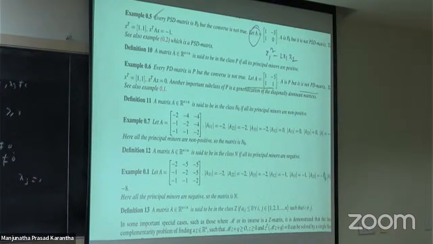Why? We will have the same approach: this will be x1 square plus x2 square plus 2x1x2, so this is x1 plus x2 squared. Obviously, if you take 1 and minus 1, then it will be 0.